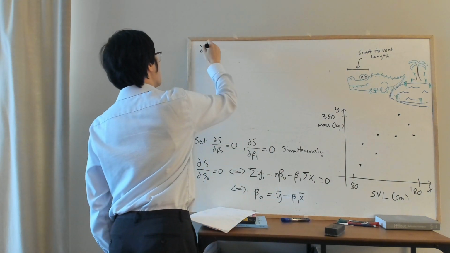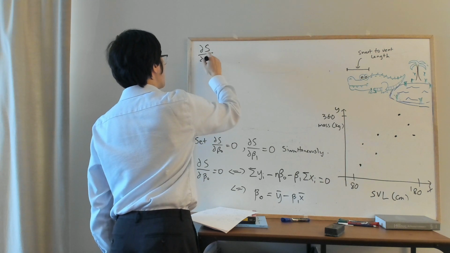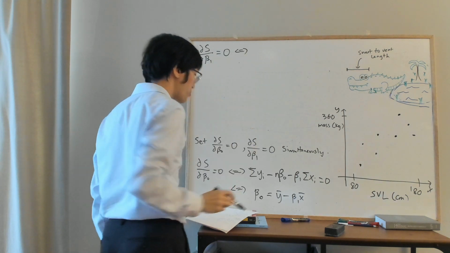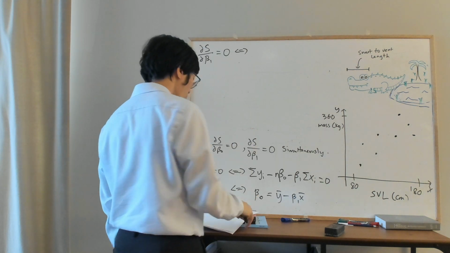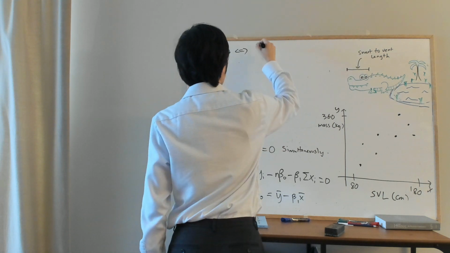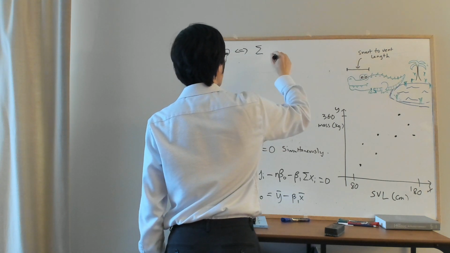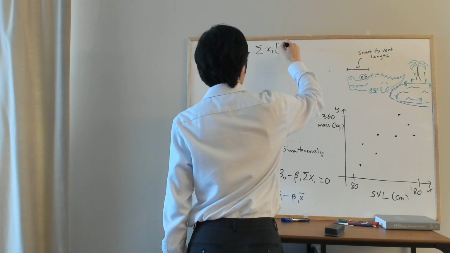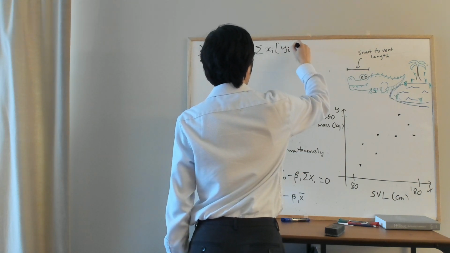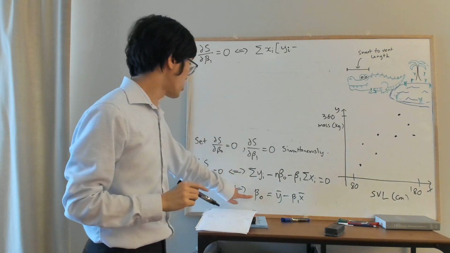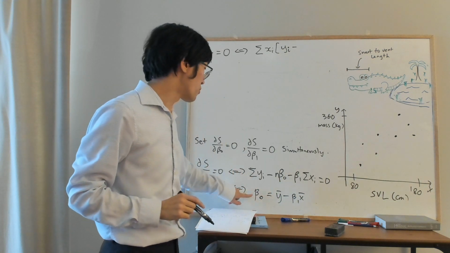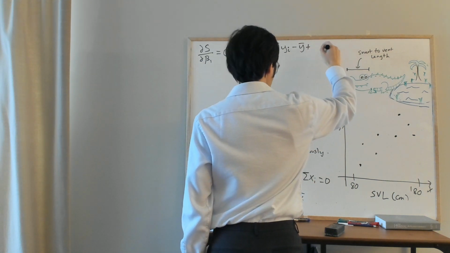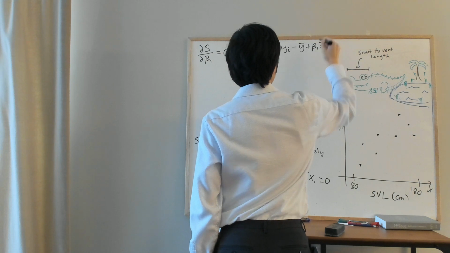So we have the derivative with respect to beta 1 set to be 0, so that implies that, again dropping the constant, we have xi, and then inside we have yi minus, and now I'm going to plug in this value for beta 0, so minus y bar plus beta 1 x bar.